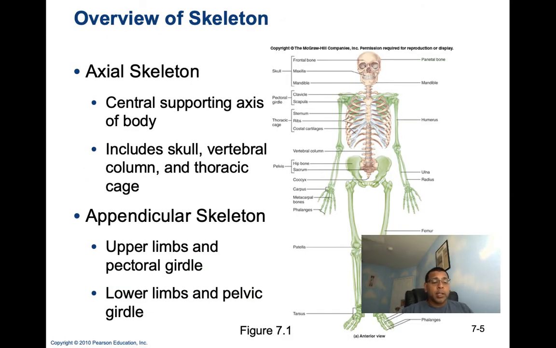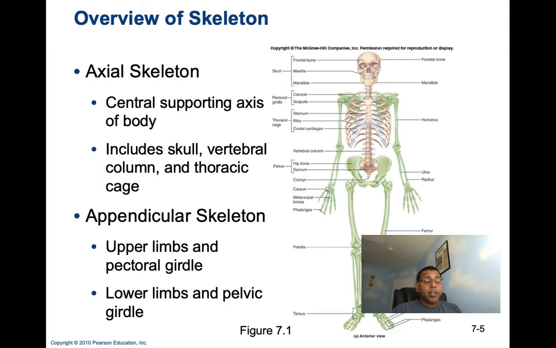So here let's go through and let's look at this classification. So we've seen these 206 bones being divided up into an axial and appendicular skeleton. That's basically what we're revisiting here. So when we talk axial skeleton, we said that the axial skeleton is made up of bones that make up the skull, the vertebral column, and the rib cage.